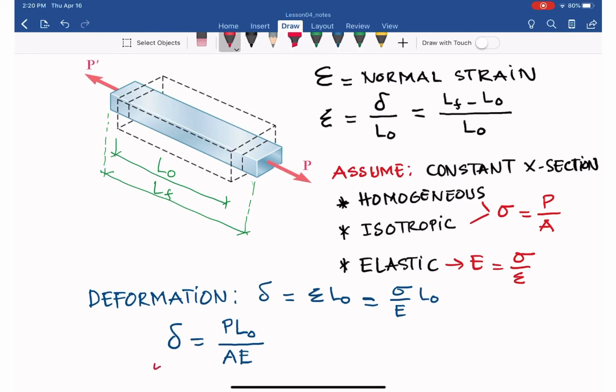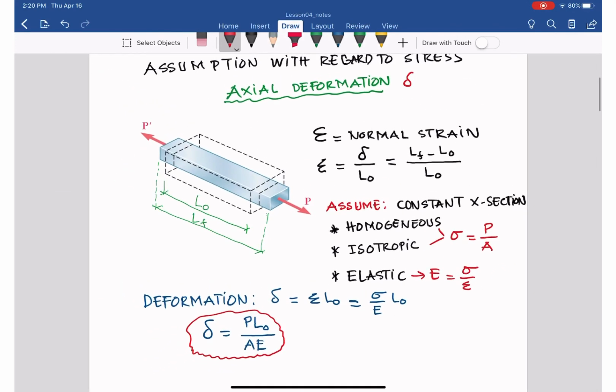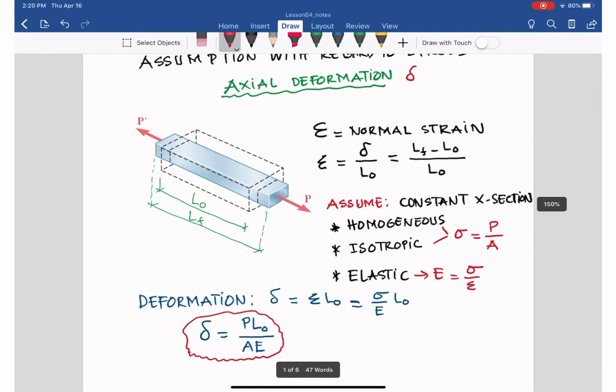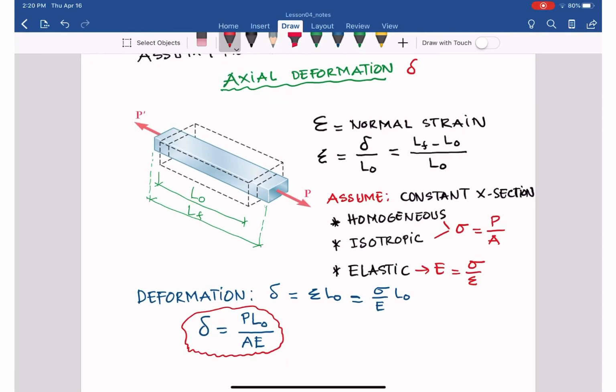This equation, if you recall, is also in lesson 1.